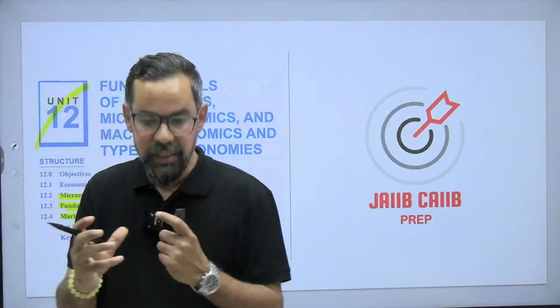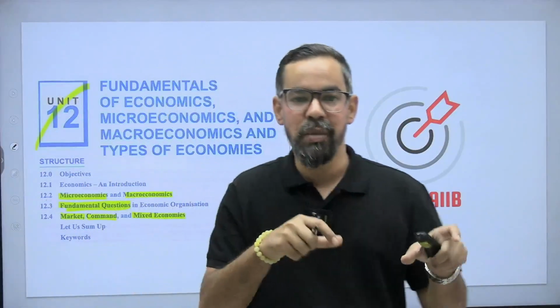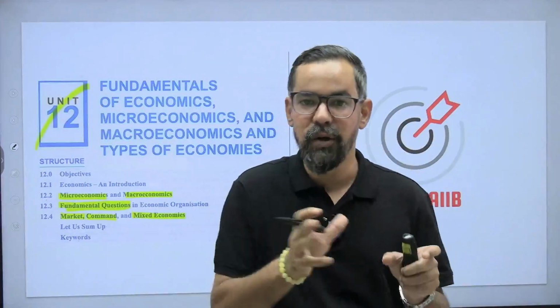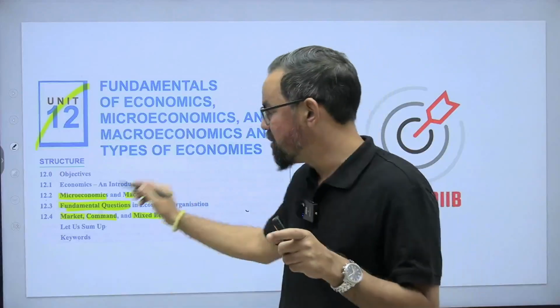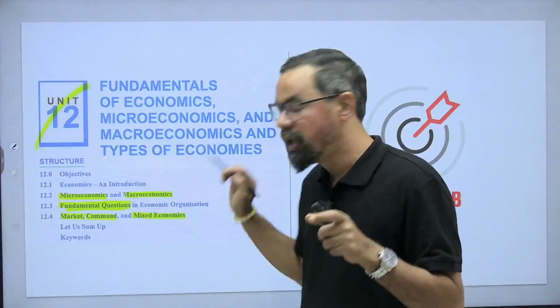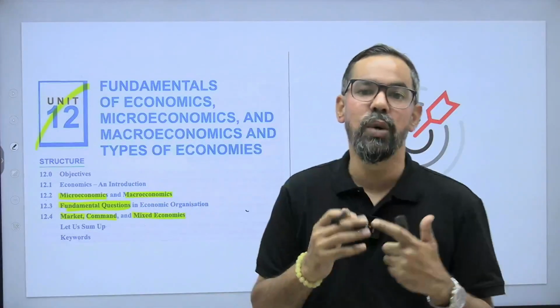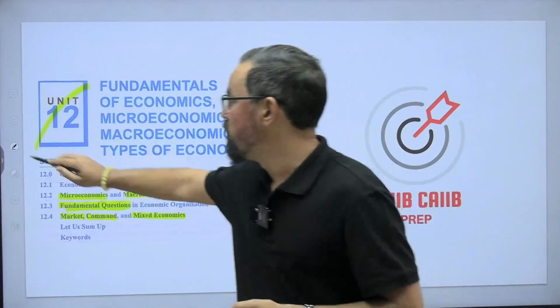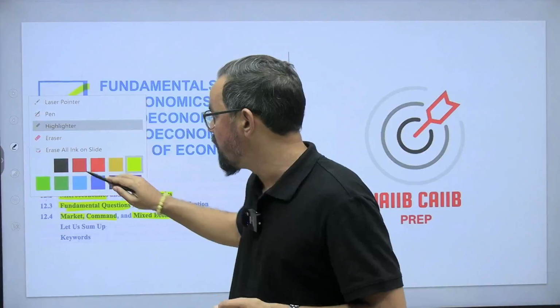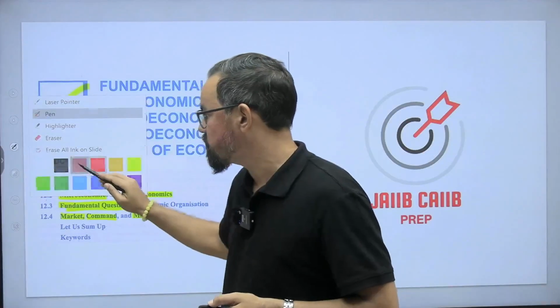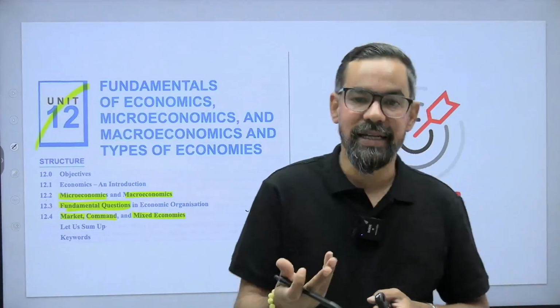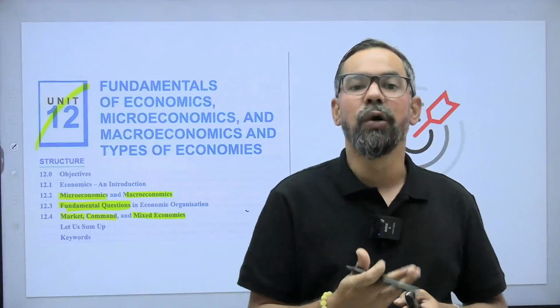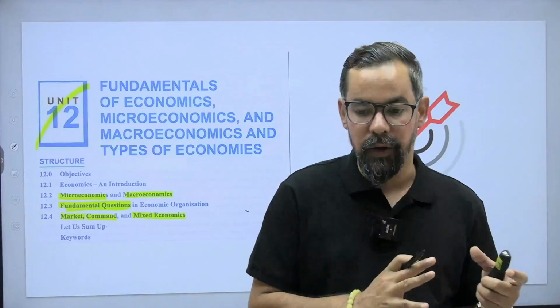Sometimes there are differences asked, or sometimes one question for 2 marks, where a statement is incorrect about your command economy, market economy, and mixed economy. Sometimes there is a 1 mark question around these. Like the question is, which of the following statements is true or incorrect about, let's say, the features of command economy or market economy, right?